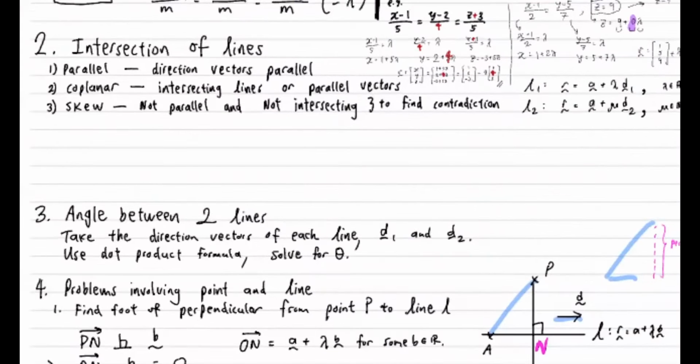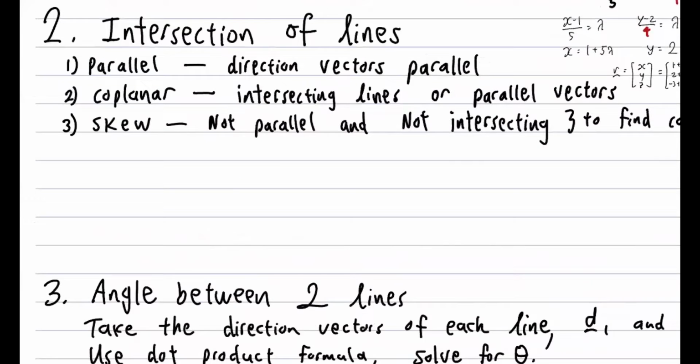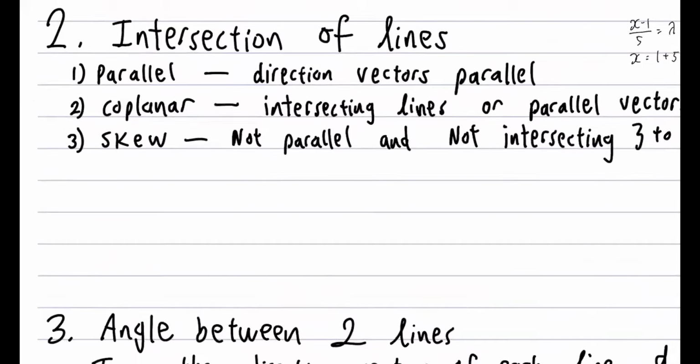Okay, continue. Let's see. Point number 1, parallel. Parallel means that you have a line L1 and another line L2. Let's say one passes through a point A and the other passes through a point B. The key thing here is that to prove that they are parallel, you focus on their direction vectors.